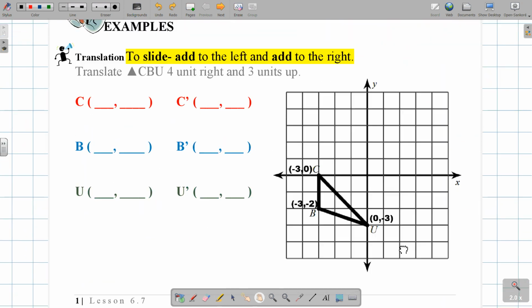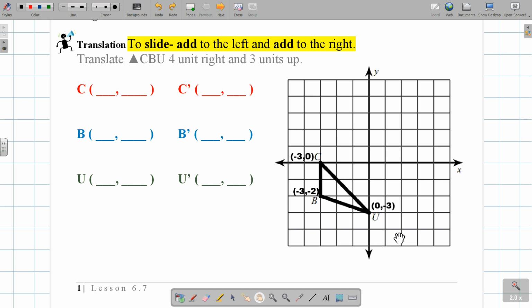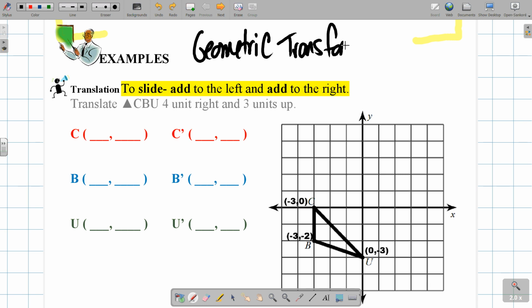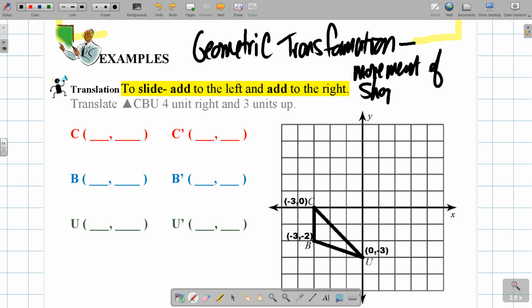So students, in that Pixar video, they talked about geometric transformations several times. Geometric transformations is basically the movement of shapes on a coordinate plane.